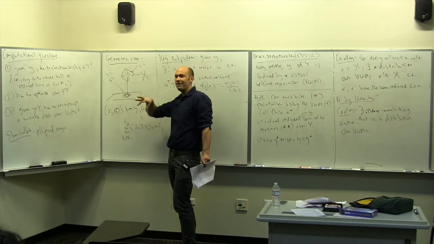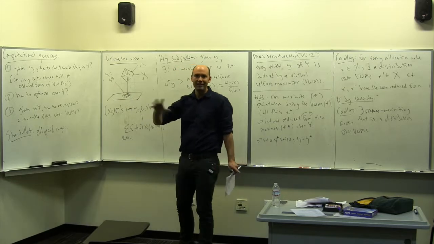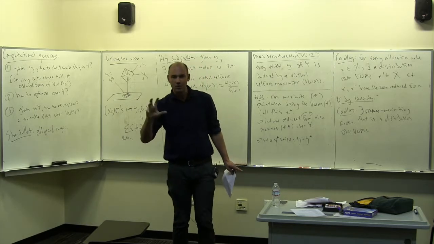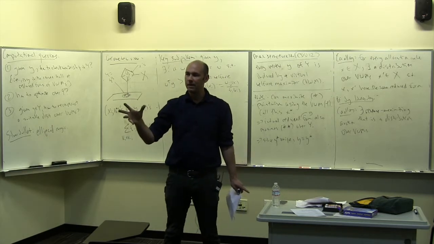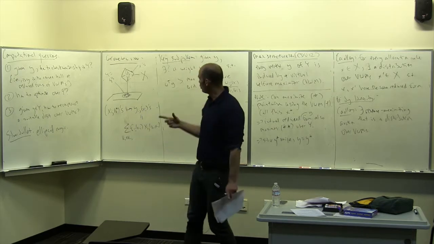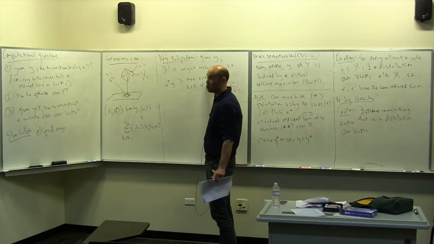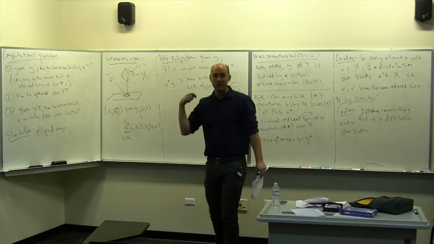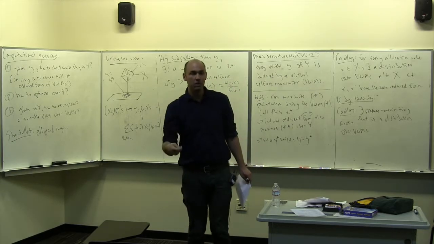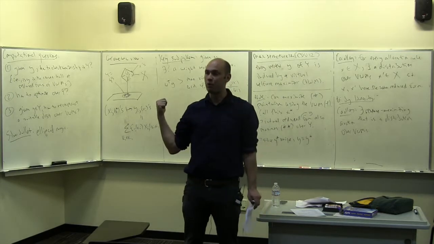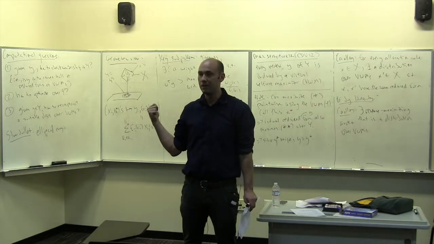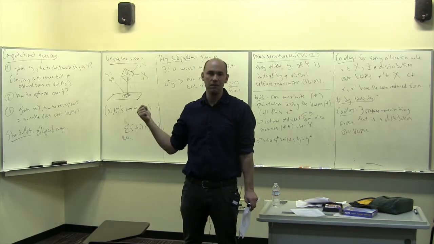Because for every direction a corner is going to be optimal, and the corners correspond exactly to these virtual welfare maximizers. So if you show me a y, and I exhibit a direction where your y outperforms every single virtual welfare maximizer, you're outperforming every corner of the polytope, so your y cannot be in the polytope.